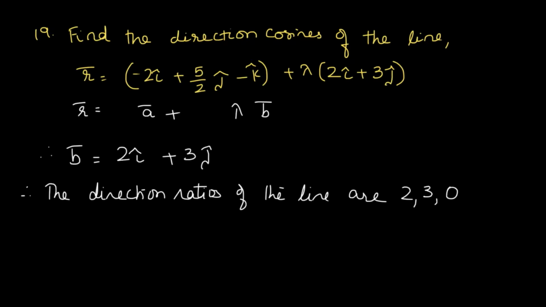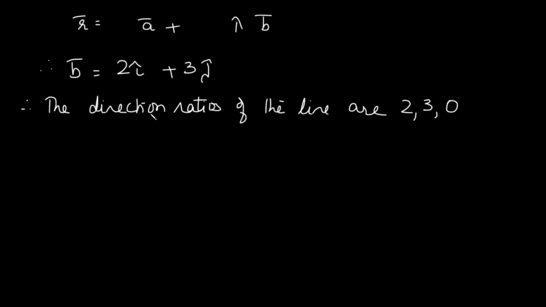Now we have learned in the earlier chapter, chapter 5, that if the direction ratios are given, we can find the direction cosines of the line by using the formula.